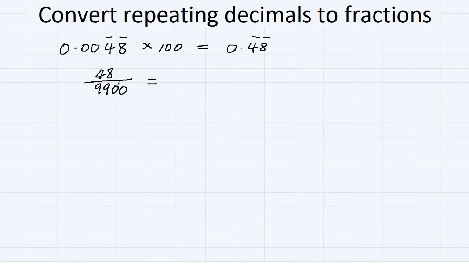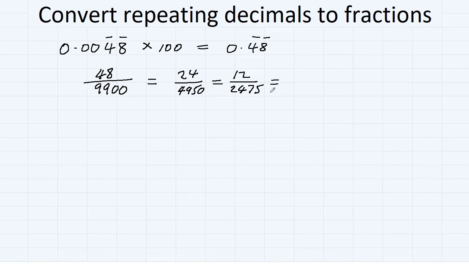So dividing the top and bottom by 2 this time gives us 24 over 4950. Dividing by 2 again, we get 12 over 2475.